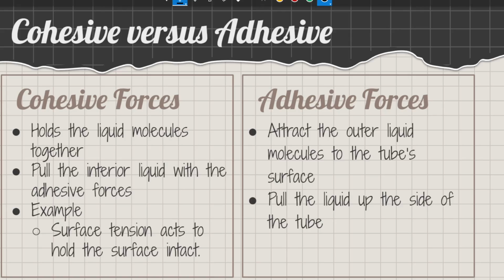When you're looking at adhesive forces, you're looking at the attraction to the outer container. So cohesive forces are H2O to H2O, and adhesive forces are H2O to container. And so it'll pull liquid up the side of the tube because of those adhesive forces, not because of the cohesive forces.